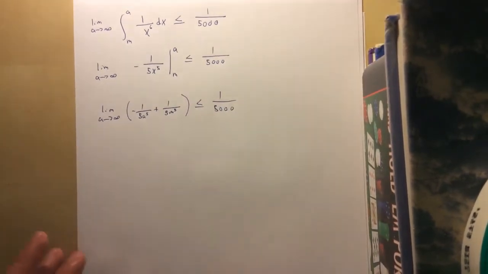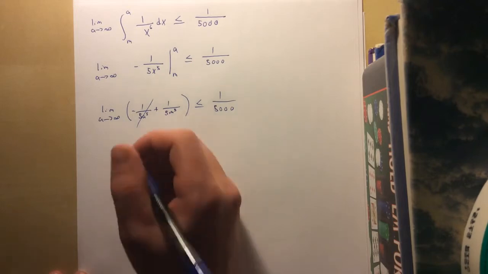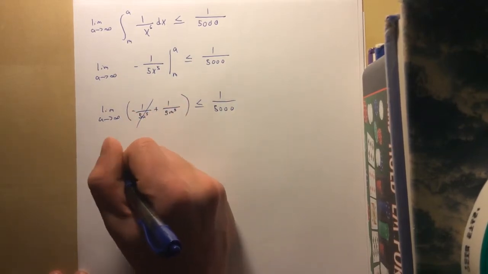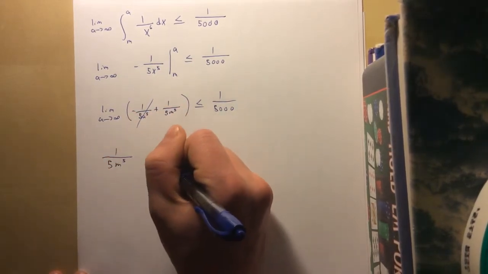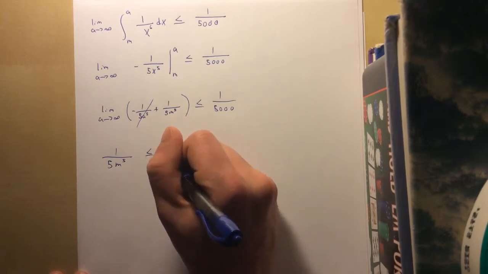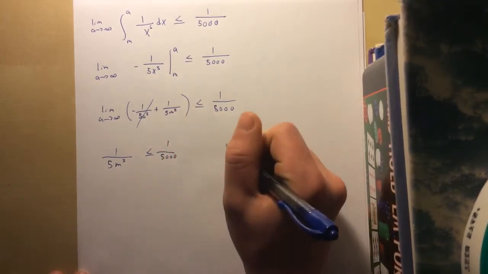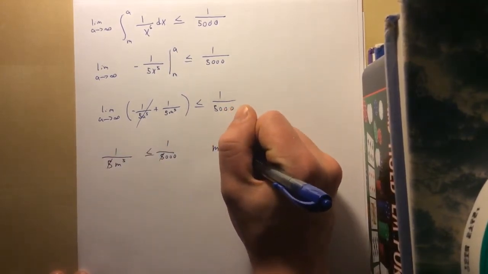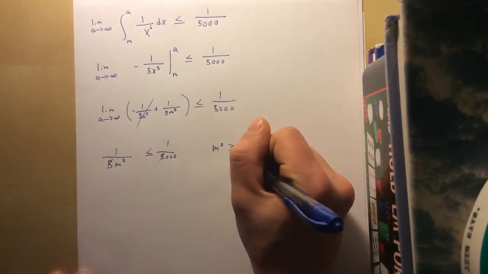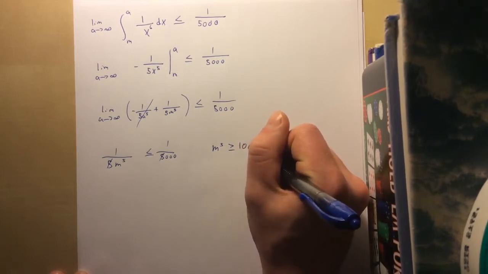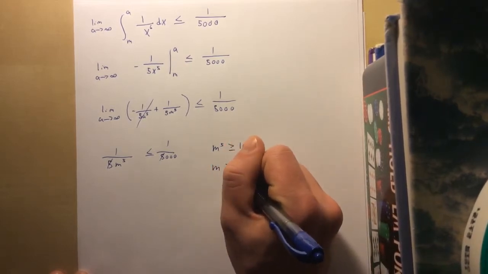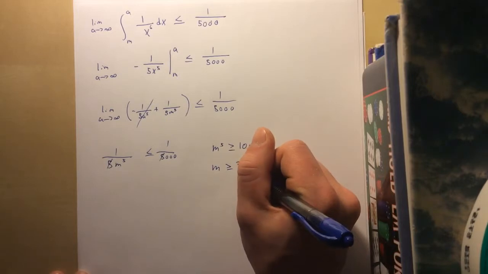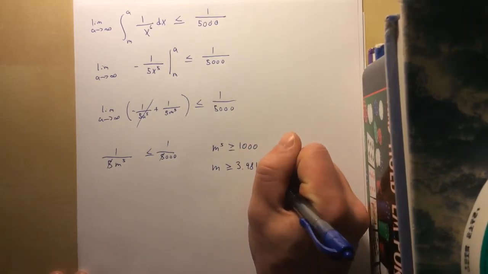And now we can take the limit. The first term goes to 0. So we have 1 over 5m to the 5th is less than or equal to 1 over 5,000, which means that m to the 5th is greater than or equal to 1,000, which means that m is greater than or equal to 3.981.